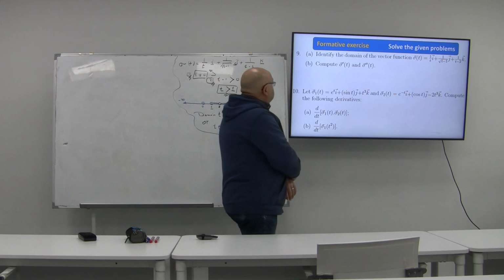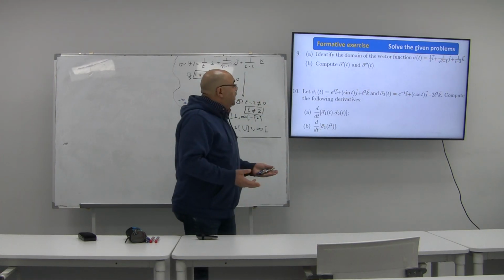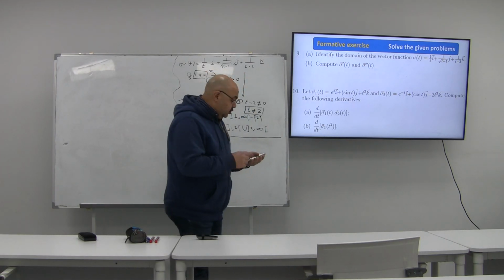Okay, we want you to get rho dash of t, which is simple, which means that you will need to differentiate each of these components.